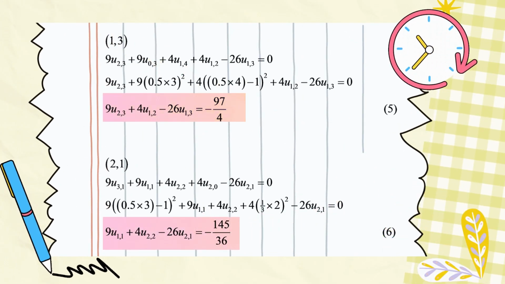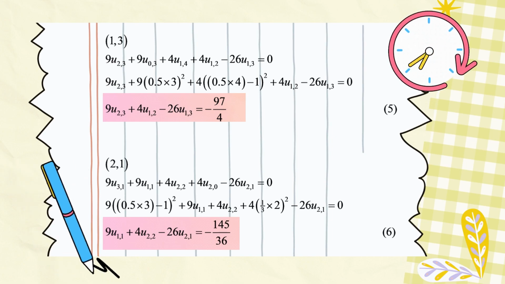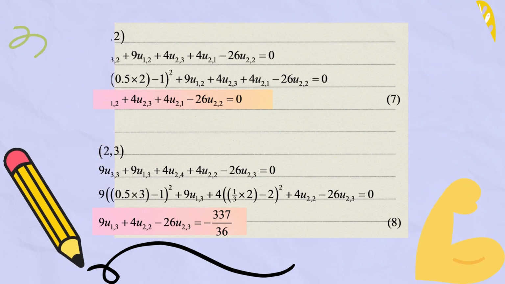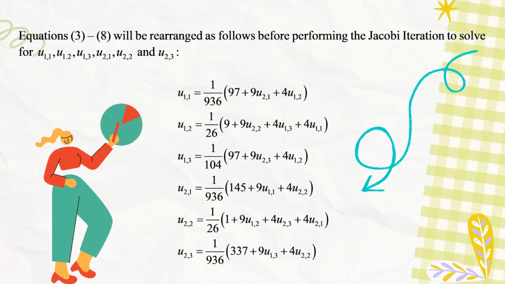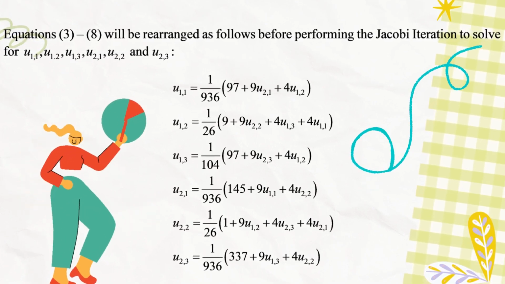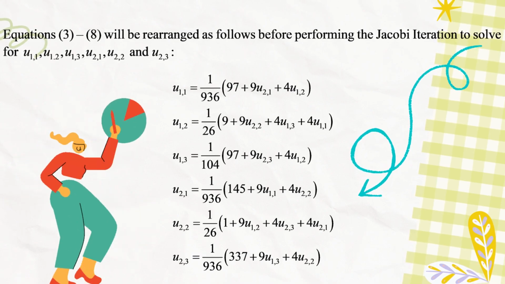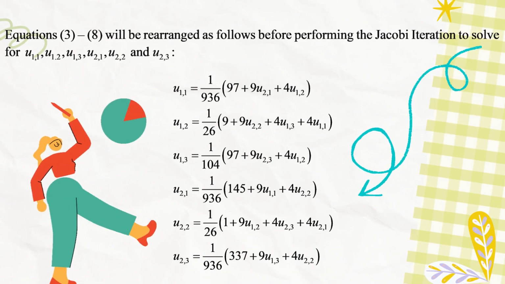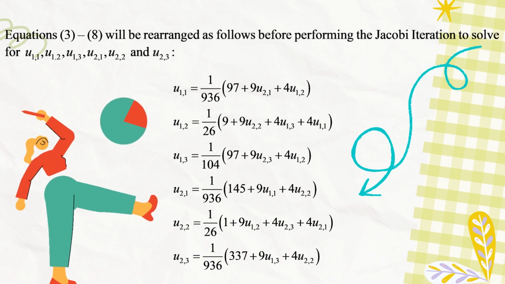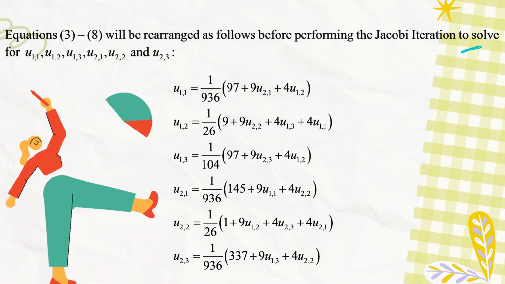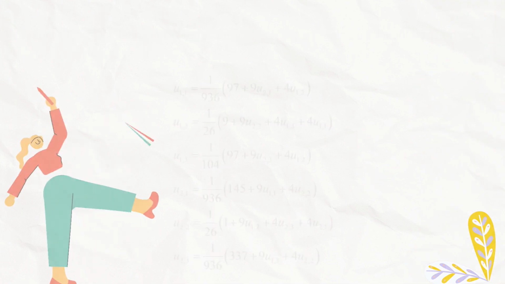So these are the equations for node 13 and 21. And these are the equations for node 22 and 23. After we have obtained all the equations at each node, we will rearrange them as follows before performing the Jacobi iterations to solve for u11, u12, u13, u21, u22, and u23.